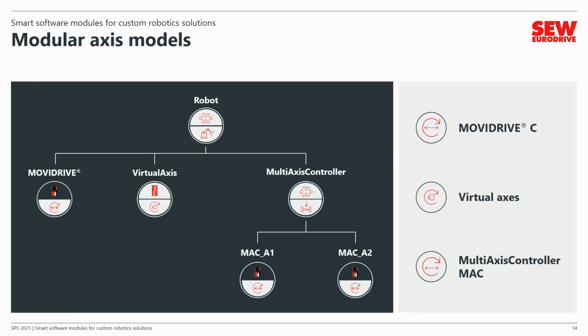The kinematic models not only allow modular selection, but also modular combination with different axis types. For example, real or virtual axis, as well as our multi-axis controller that provides synchronous and controlled motion of 2 drives or of other cascaded multi-axis controllers.